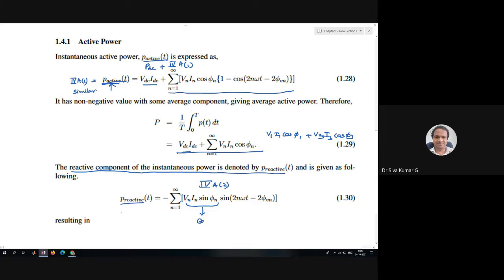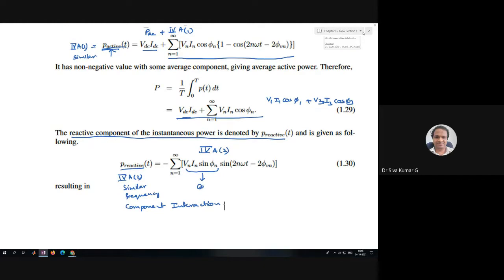This equation is also the fourth equation A, the second part, with respect to the similar frequency component interaction.